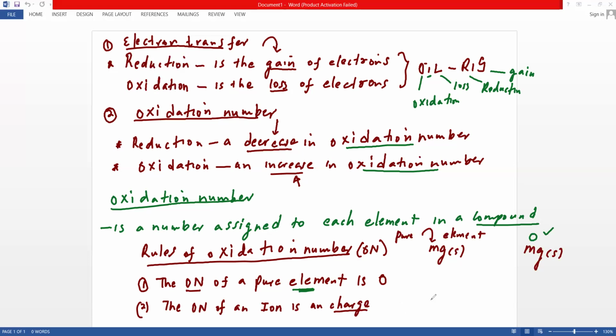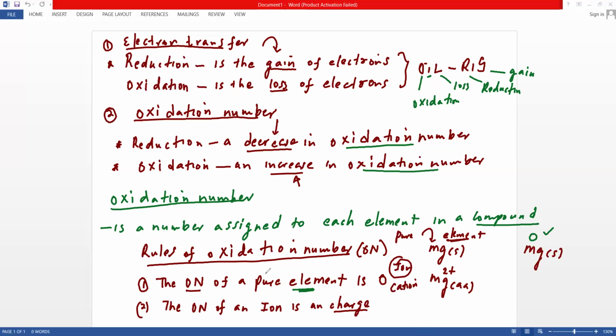Again, let's talk about when we have an ion. This time we have the magnesium ion in an aqueous solution. This one is an ion, a positive ion, so it's a cation. It's not an anion.